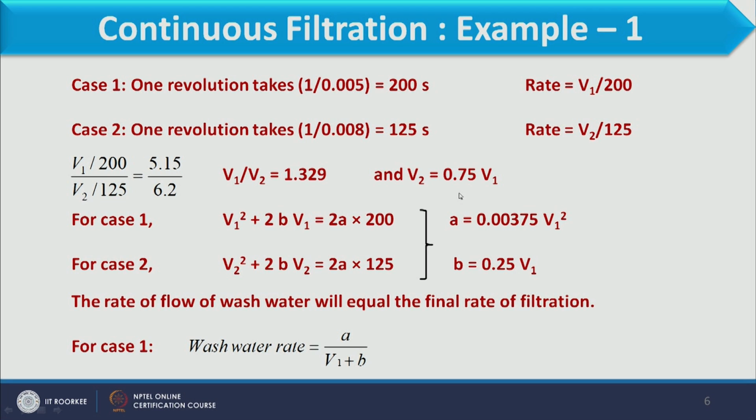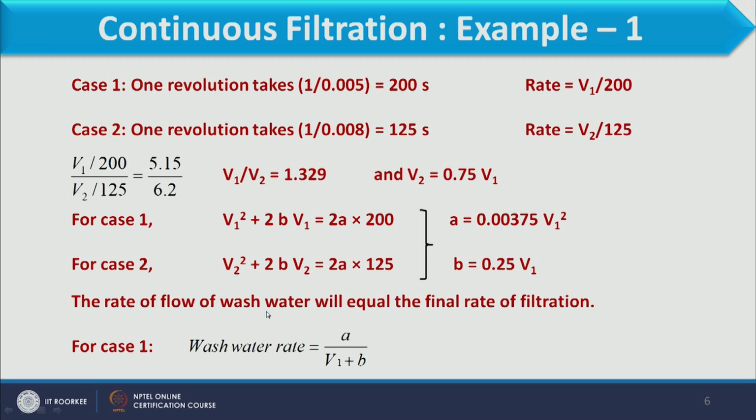Now putting the value of V2 from this expression here and then calculating the expressions for A and B, we can get A as 0.00375 V1 square and B equal to 0.25 V1.